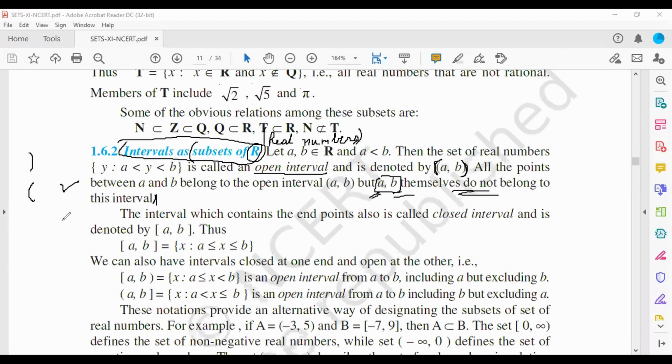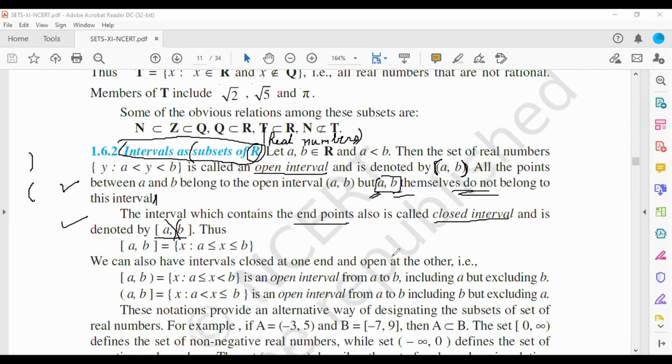Second, the closed interval, where the endpoints are included, uses square brackets of A, B. That means both numbers A and B are included.